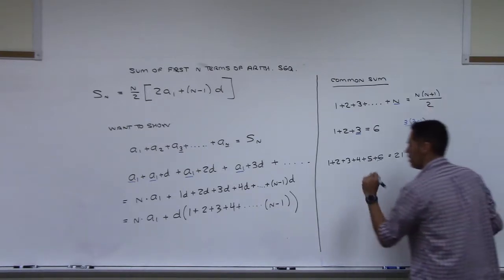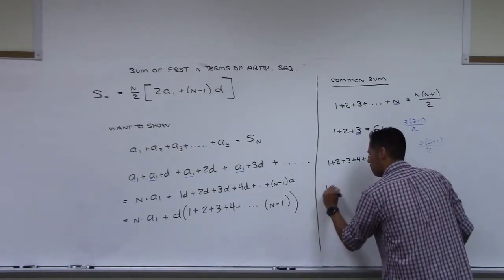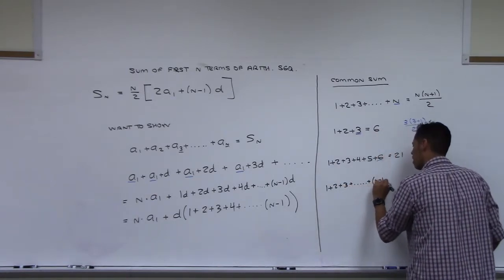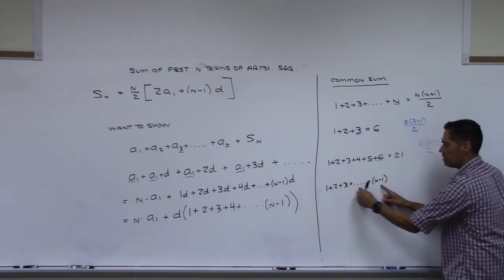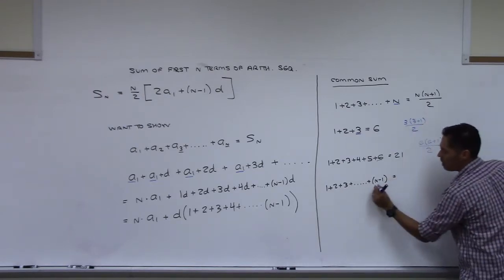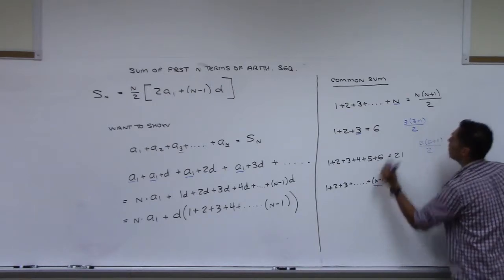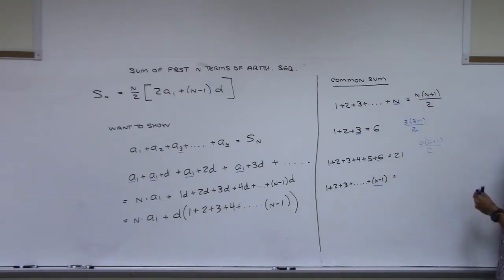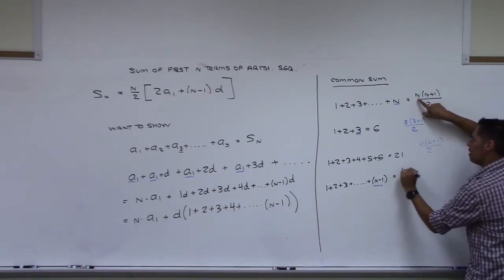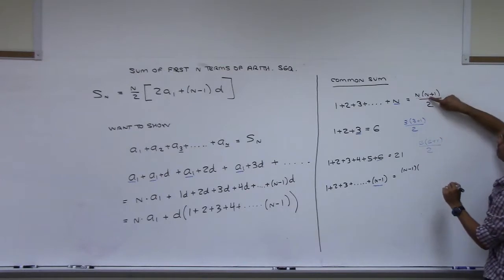All right. So if you're taking that on faith, if I say 1 plus 2 plus 3 plus all the way out to n minus 1, if I take this and add them up, then this is equal to something. Well, according to this formula, I just take this last number and plug it in for n. So I wouldn't put n here, I'd actually put this. So I'd have n minus 1 times what?